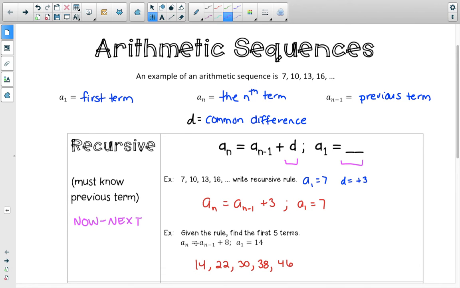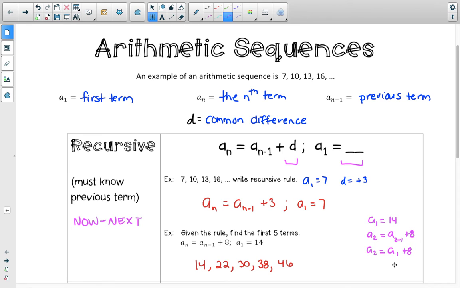To show what this a sub n minus 1 represents, I know that a sub 1 equals 14. a sub 2 is equal to a sub 2 minus 1 plus 8. So I'm going to rewrite this as a sub 2 equals a sub 1 plus 8, since 2 minus 1 is 1.